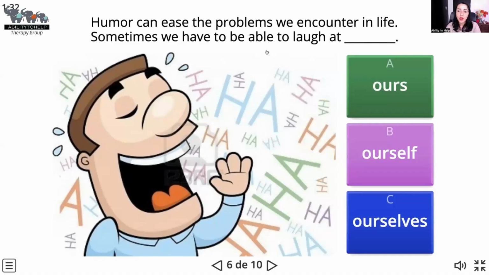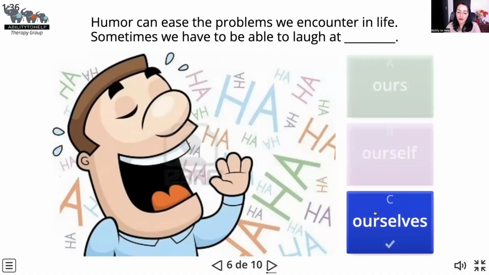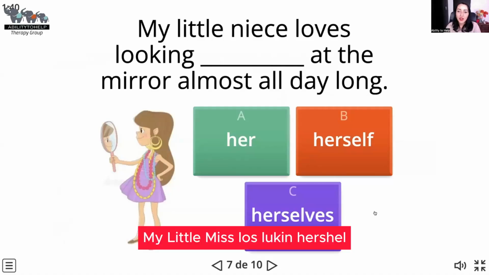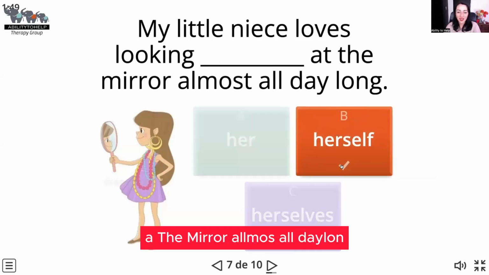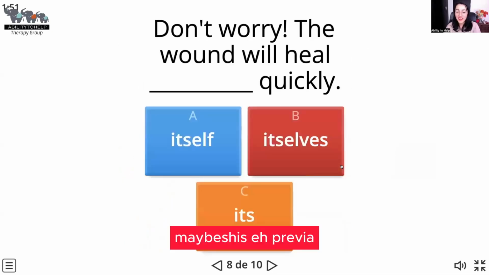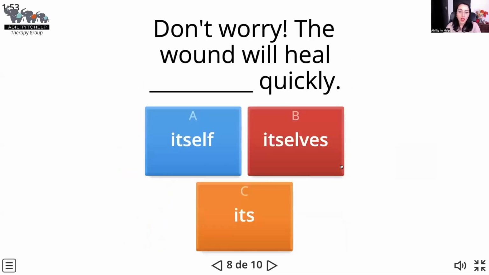Sometimes we have to be able to laugh at ourselves. My little niece loves looking at herself in the mirror almost all day long. Maybe she is pretty. Don't worry, the wound will heal itself quickly.